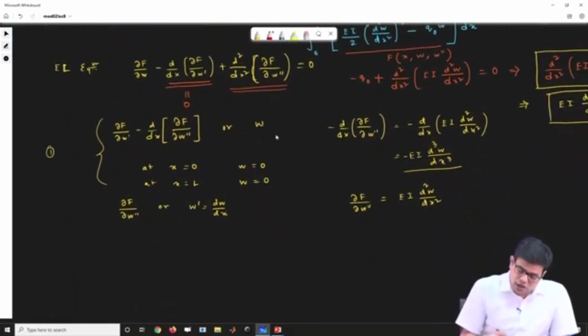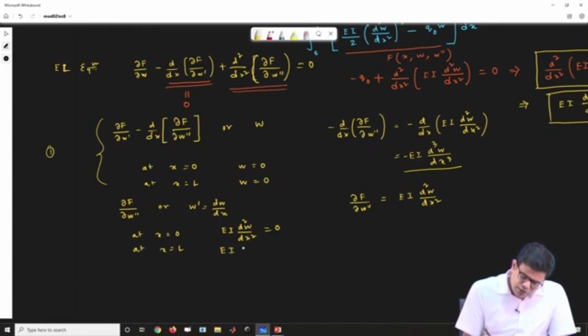So, we can say that at x equals 0, EI d2w dx2 has to be 0, and at x equals L, EI d2w dx2 is 0. So, this is the second set of boundary conditions.